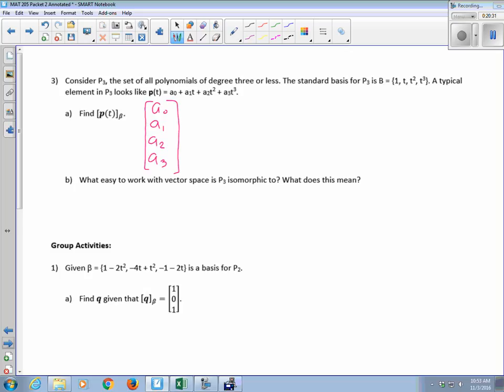So it's much easier to work with R4, and that's isomorphic to P3, based on this change of coordinates idea. So isomorphic basically means essentially the same as, acts exactly the same as, because there's, I believe it was a one-to-one mapping from P3 to R4.